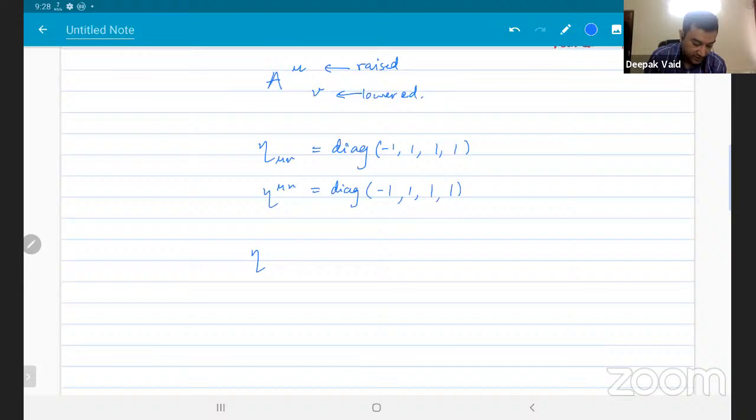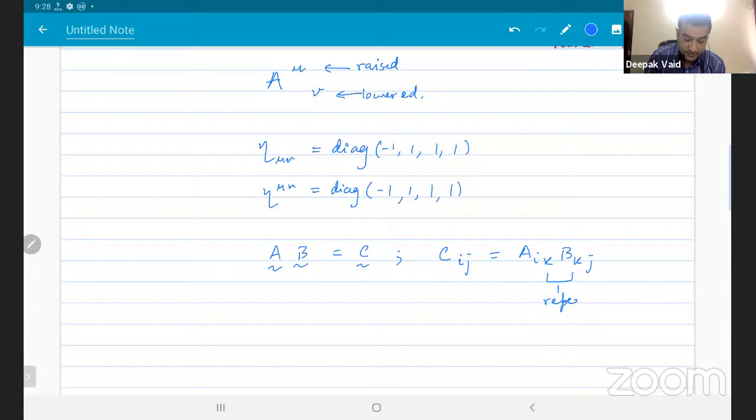And how would I multiply these two matrices? Again, a reminder about how to use the index notation. If I have two matrices, A and B, I multiply them to get a third matrix, C. How would I write the element ij of C? I would write it as a_ik b_kj, like this. Now this index k is being repeated here, so I am summing over this index.